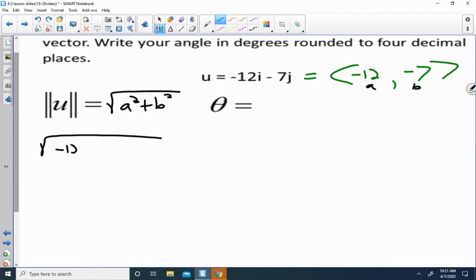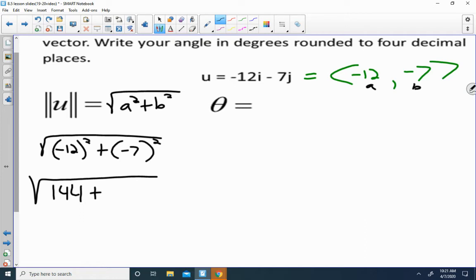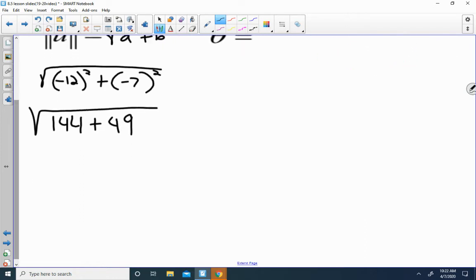Now let's plug and chug. Plug in the a, you'll get negative 12 squared. Plug in the b, you'll get negative 7 squared. Take the square root. Negative 12 squared will be 144. Negative 7 squared, you'll get 49. Add all that together, and you'll get that the magnitude should be 193.